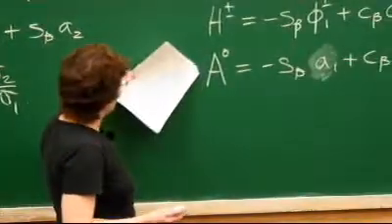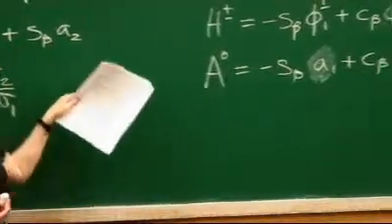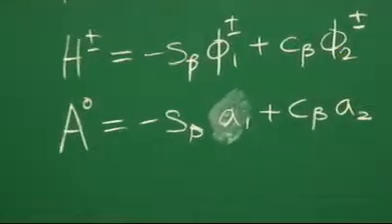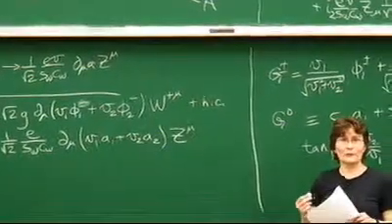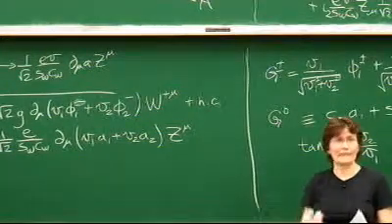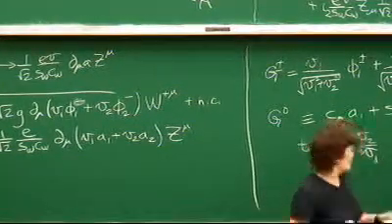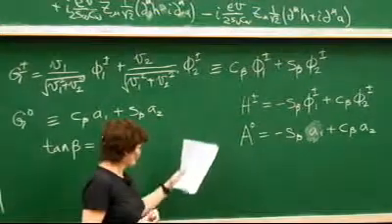This guy, if there's CP violation in your model, this guy can mix with H1 and H2, the two CP even neutral components, because it's neutral, right? So they can mix if CP is violated. If CP is conserved, this guy's also a mass eigenstate. Okay.